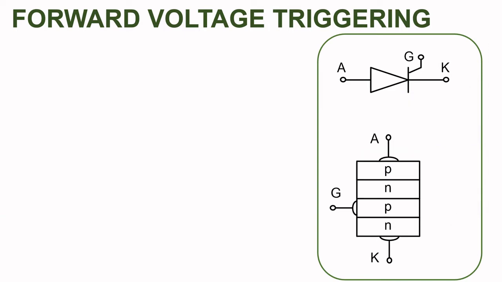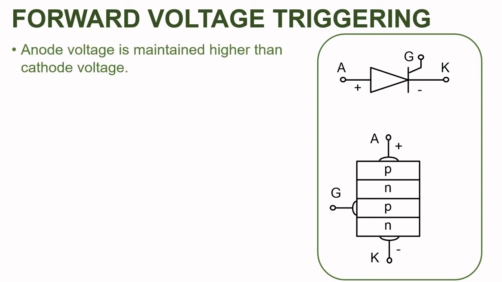Forward voltage triggering. As the name suggests, in this technique, the forward voltage across the SCR is increased. Anode voltage is maintained higher than the cathode voltage for maintaining forward bias SCR.